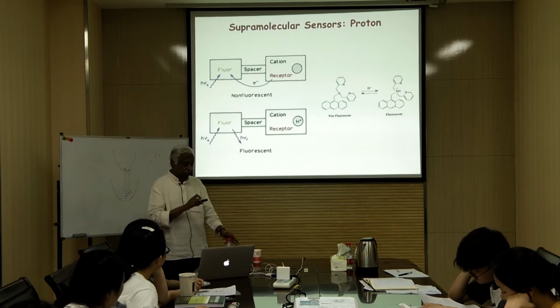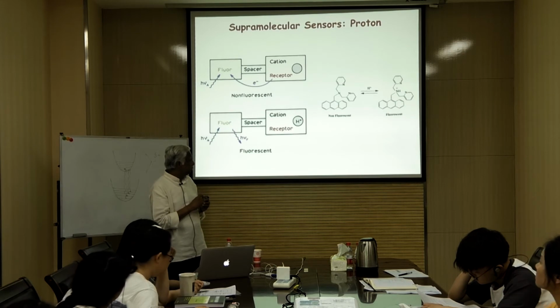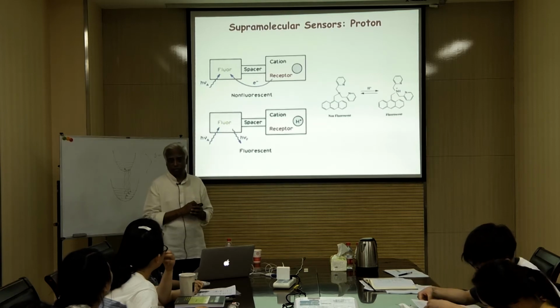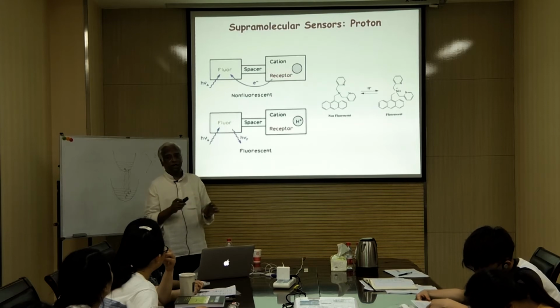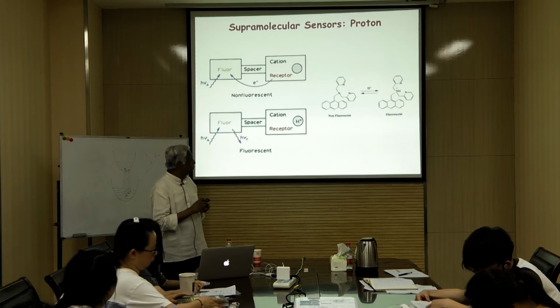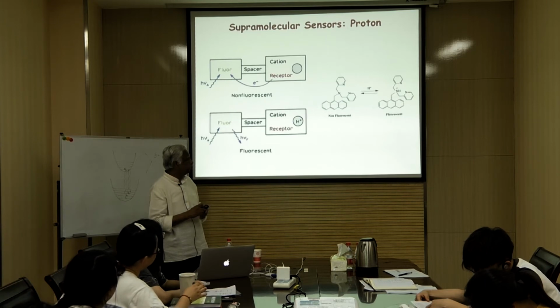Now, if we excite this compound, if they have 2 electrons here, there will be an electron transfer from nitrogen to the anthracene. So it will immediately quench the emission. Suppose you remove that lone pair. Then when you excite it, there is no electron transfer from here to here.